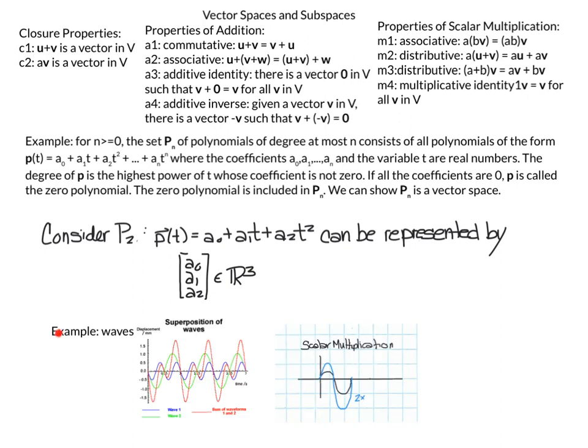I simply cannot resist. Remember the waves example? They can also be represented by this vector. So what are the coefficients you're going to use? Do you remember in calculus when you did Fourier series? The coefficients in front of your sines and cosines, that will be what goes into this vector. Anyway, as I said, we are going to discuss that in much more detail later in this class.